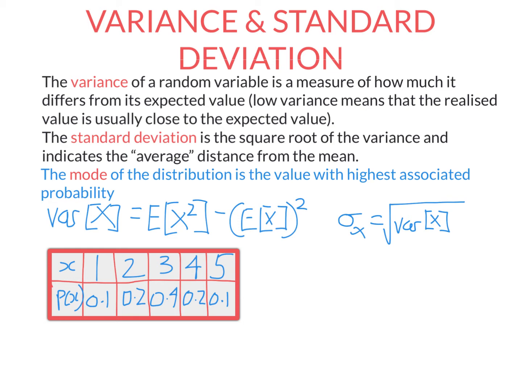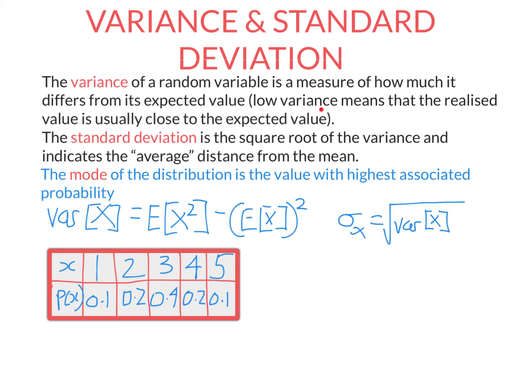That is like if we perform the experiment heaps and heaps of times, that's the average of the values that will occur. The variance is related to this idea, but it doesn't tell us what we expect to happen, what the mean is. It tells us how much the random variable, the value it actually takes, deviates from the expected value.